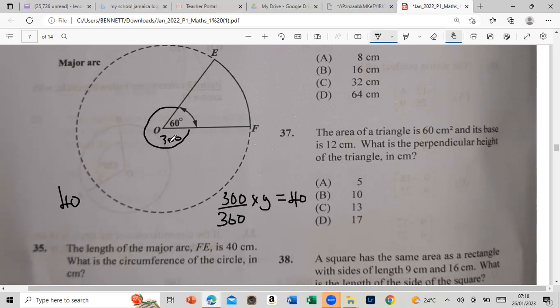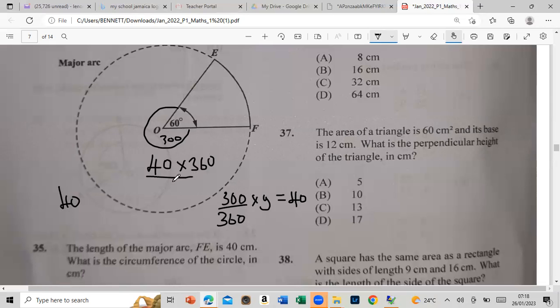It's this angle over 360 times 2 pi r, which is y, and then that equals 40. So let us transpose and see if we can. So it's 40 times 360, and we divide that by 300.